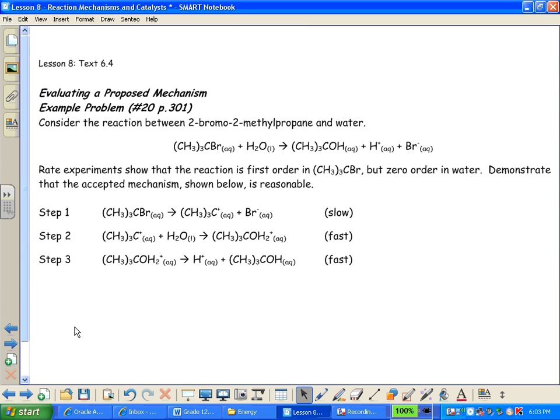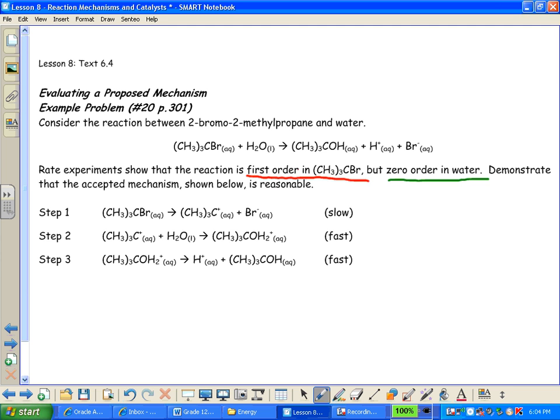It says here, consider the reaction between 2-bromo-2-methylpropane and water. Rate experiments show that the reaction is first order, so probably important, I would underline first order. First order in 2-bromo-2-methylpropane, but it is 0 order in water.